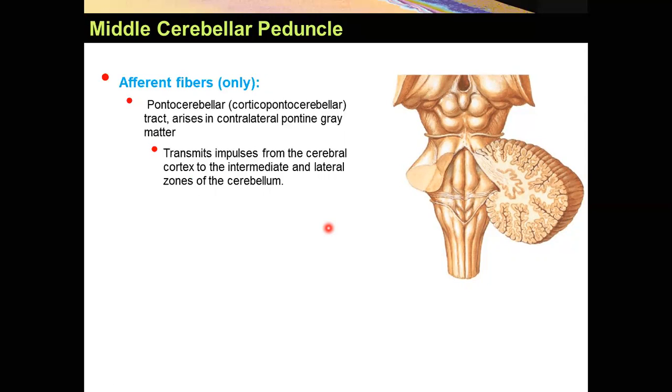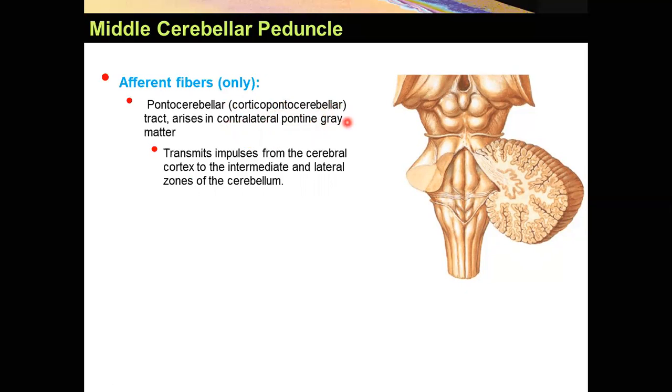The pontocerebellar tract arises in the contralateral pontine gray matter. These afferent fibers are also known as the corticopontocerebellar tract. This tract originates in the cerebral cortex, then projects to the pontine nuclei in the brain stem.